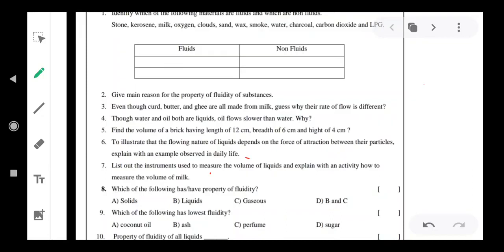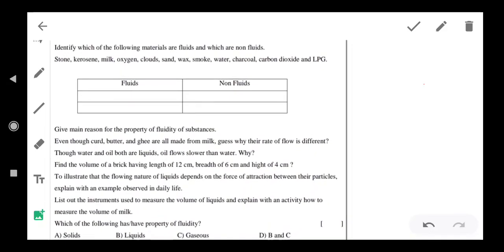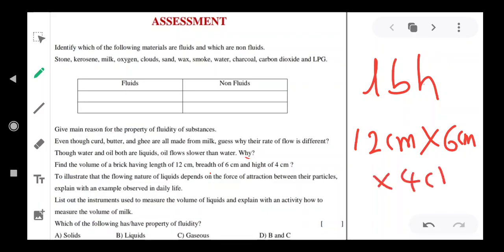Next one, find the volume of a brick having length 12 centimeters, breadth 6 centimeters and height of 4 centimeters. To find the volume of a solid, we have a formula, that is LBH, L into B into H. Here L is given 12 centimeters, breadth is given 6 centimeters and height is given 4 centimeters.